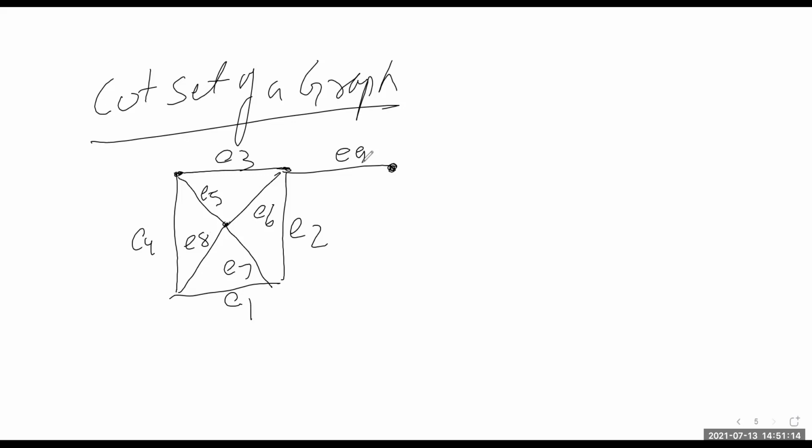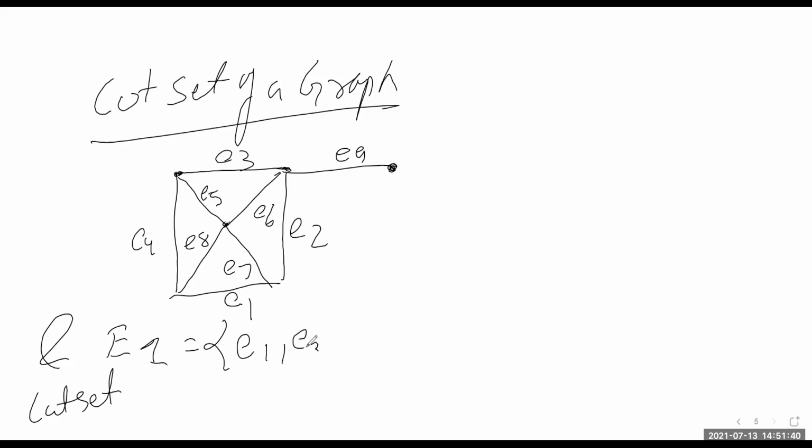Now, this is your connected graph, and a cut set is being provided. So the cut set of the graph is E1, E3, E5, and E8.